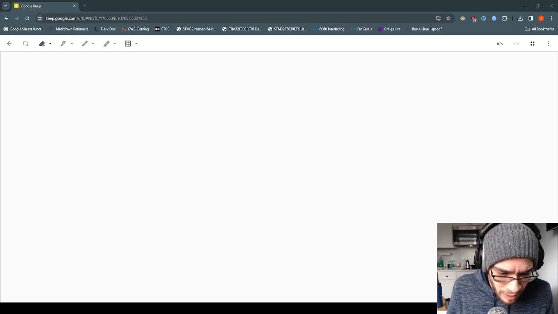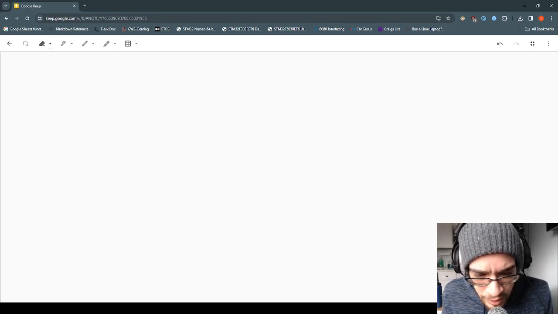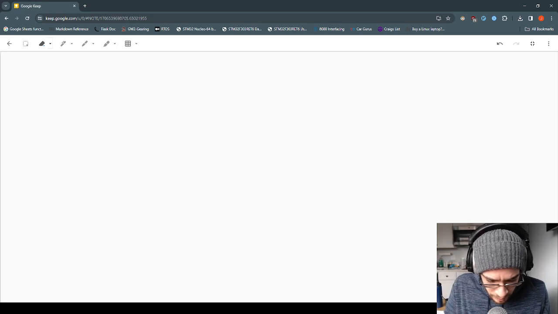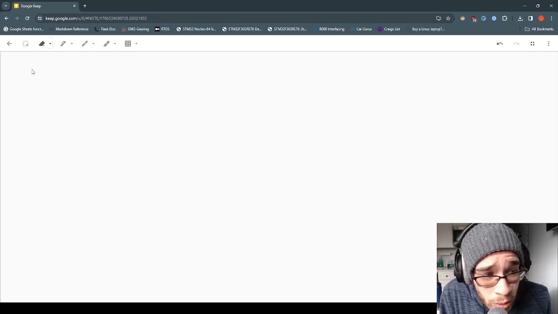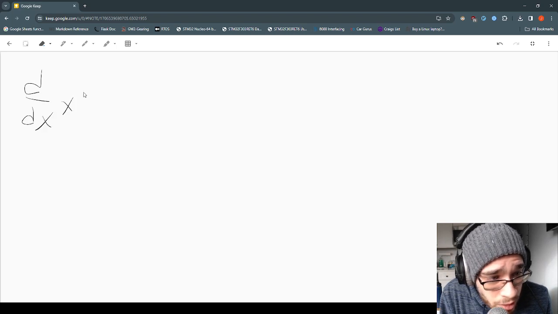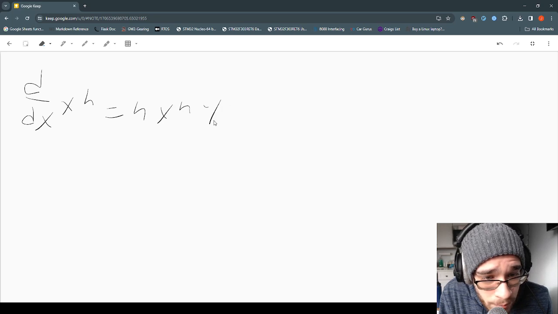So it's going to start off with the definition of... Okay, let's first write the derivative of x to the n. As you know, if you've ever taken calculus, the derivative of x to the power of n is equal to n times x to the power of n minus 1. And that's really interesting.